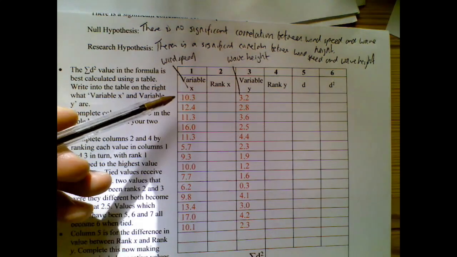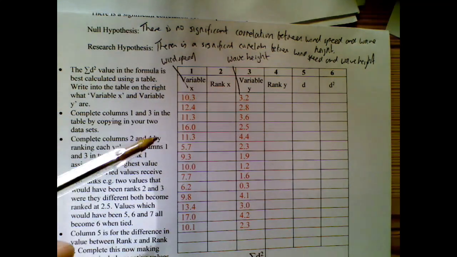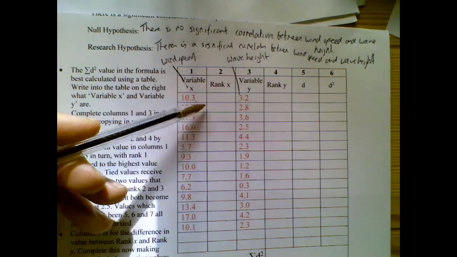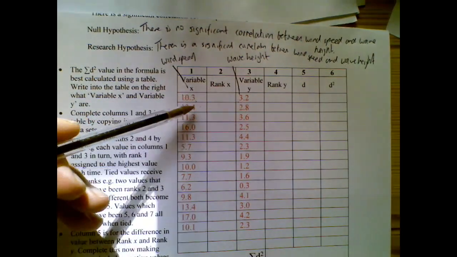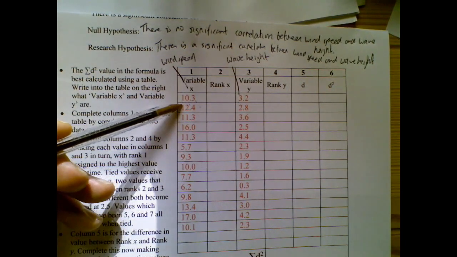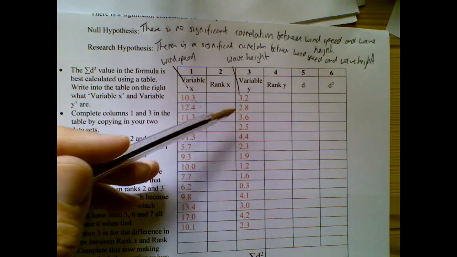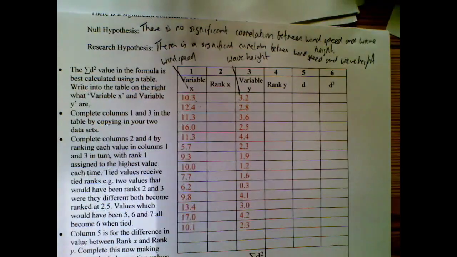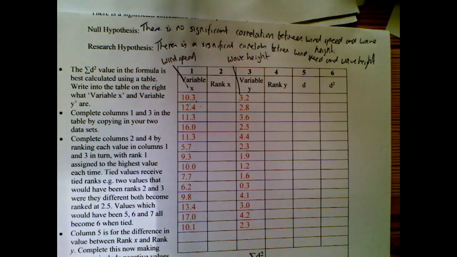So I've got all my data in a table here. They're in matched pairs. So when wind speed was 10.3, the wave height was 3.2. Units don't matter, so I've taken out units. And what I'm going to do is rank them now in order.